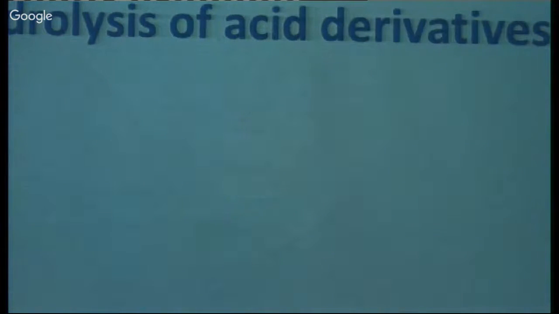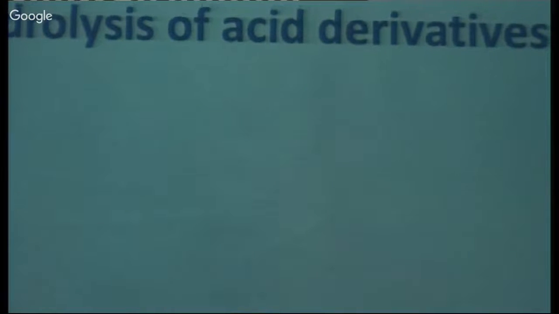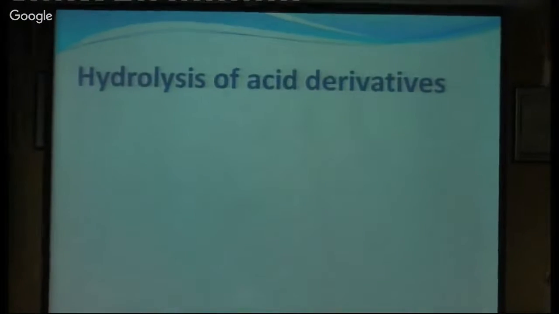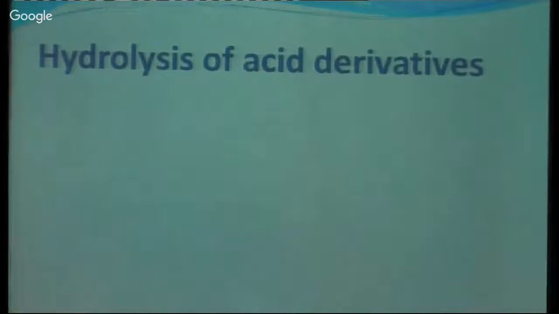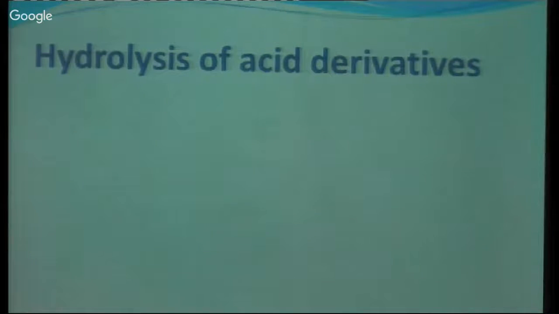Let us go to the next reaction, that is the hydrolysis of the acid derivatives. What are the acid derivatives? You know that acid chlorides, acid anhydrides, esters, these can be hydrolyzed either in the acidic or in the alkaline conditions to give carboxylic acids having same number of carbons. Okay, that is important.